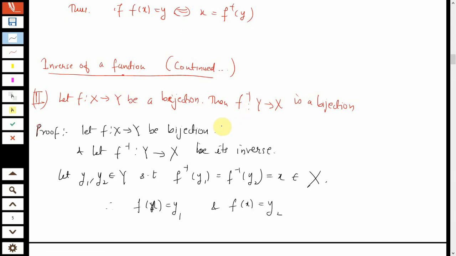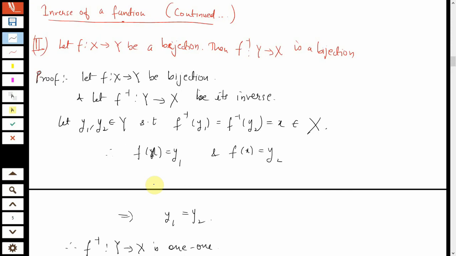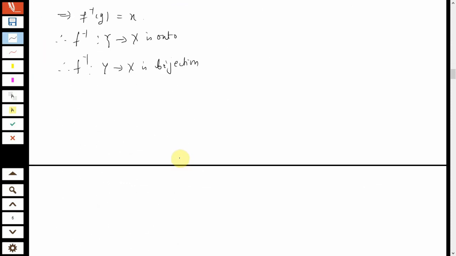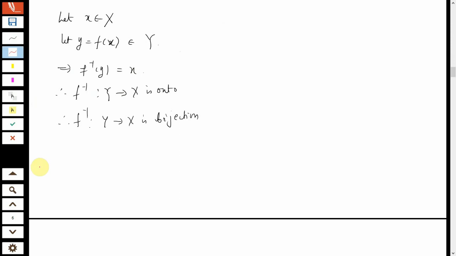Now to determine the inverse, we see that whenever f inverse of y is equal to x, or whenever y is equal to f of x, we see that f inverse of y is equal to x, or even the converse is true, that whenever f inverse of say some y1 is equal to x, we see that f of x is equal to y1. So that should give us the hint that inverse of this f inverse is nothing but f, because it follows through the definition. Let me take it as note.